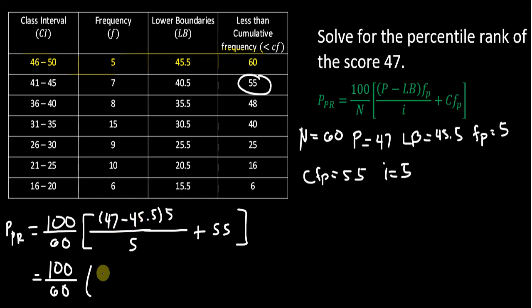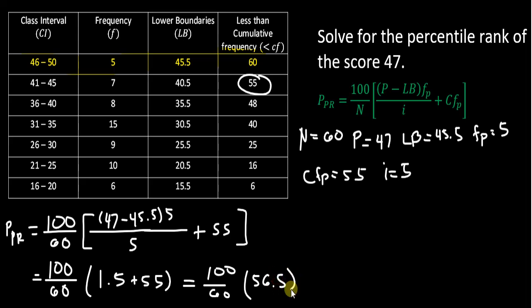So, this is 1.5 plus 55, 100 over 60 times 56.5.